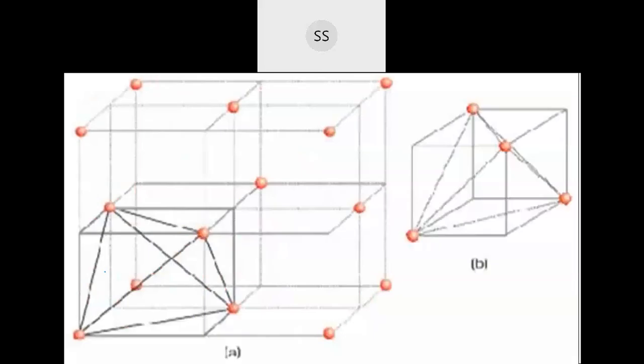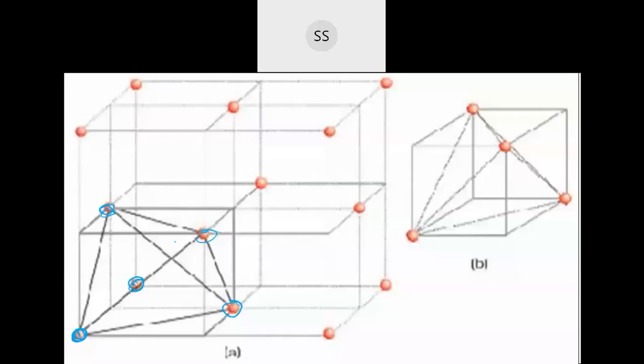You can see here, these are the 4 atoms, 1, 2, 3, 4 atoms. When they join together, they give you this tetrahedral shape. If you divide the whole face-centered unit cell, this is how it will look. That small tetrahedral unit cell you can see. Like that 8 are being formed. So in one face-centered unit cell, you will get 8 tetrahedral voids.